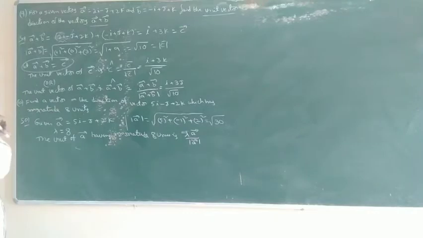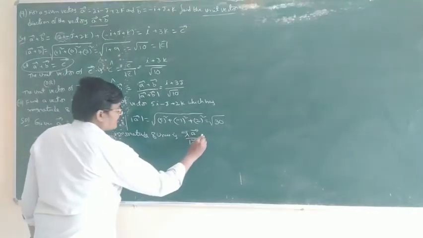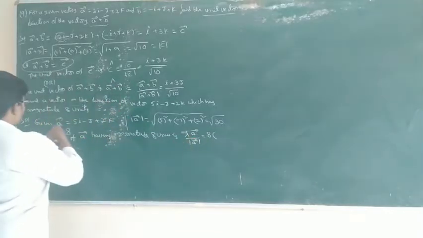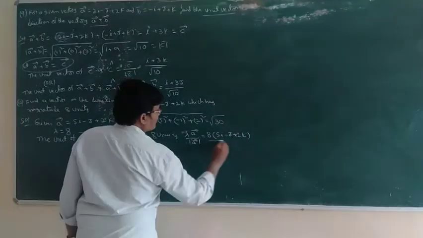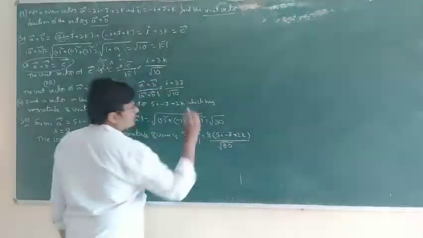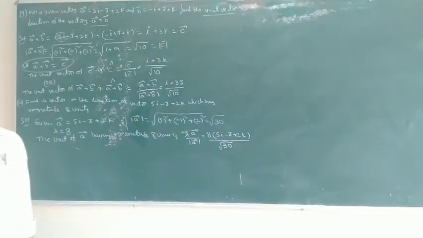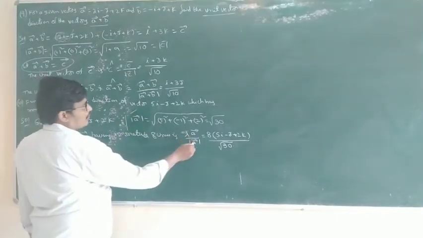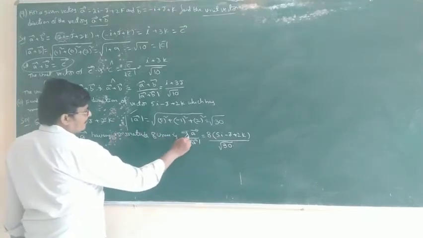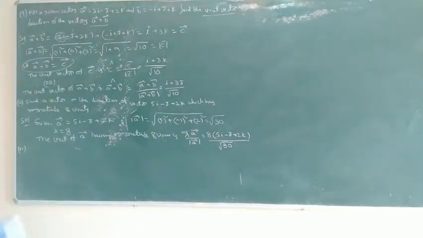So lambda into answer: 8 into a bar, where a bar is 5i minus j plus 2k, by mod a bar, which is root 30. The normal unit vector is a bar by mod a bar; since lambda magnitude is given, it is lambda into a bar by mod a bar. Okay, this is one. Clear?